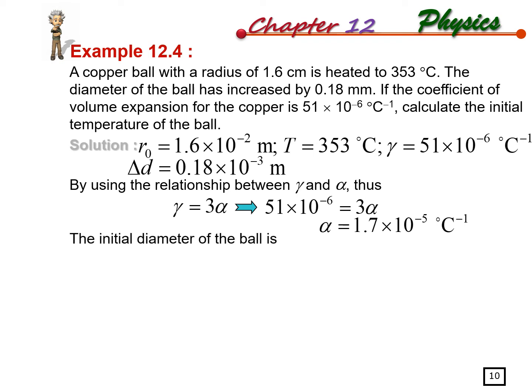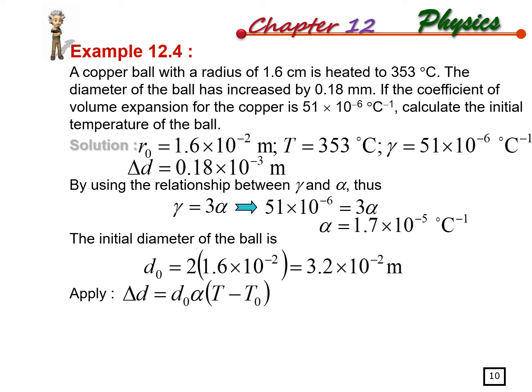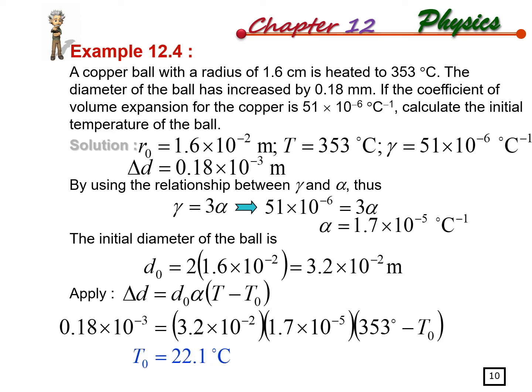Once you have this, we can determine the initial diameter and then apply it into the equation. Therefore we end up with the final answer, which is 22.1 degrees Celsius, the initial temperature of the ball.